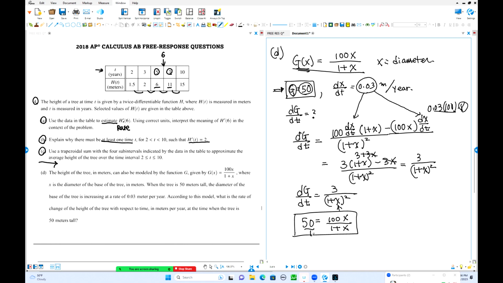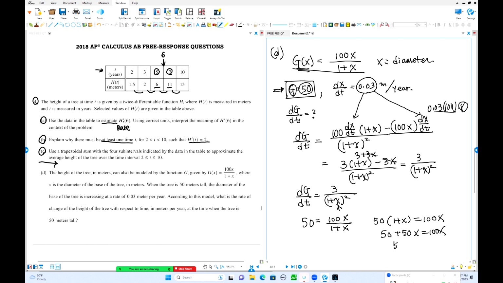So cross multiplication. You multiply 1 plus x on both sides: 50 times 1 plus x equals 100x. So 50 plus 50x equals 100x.